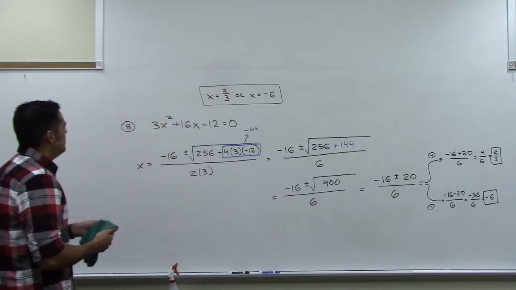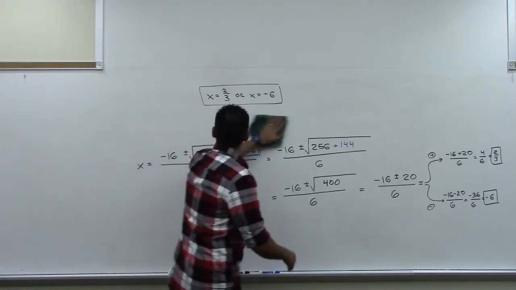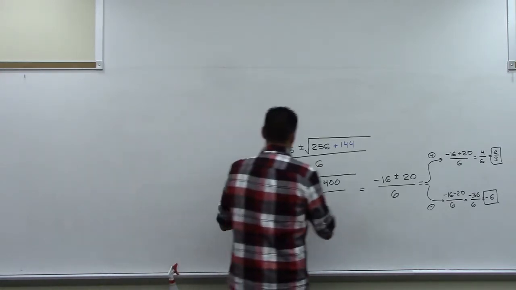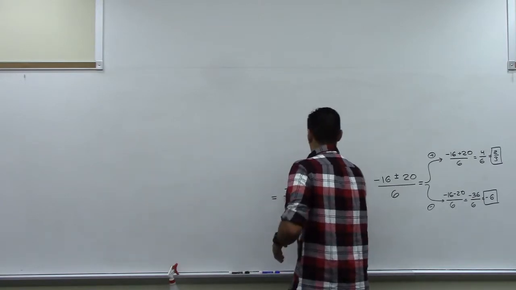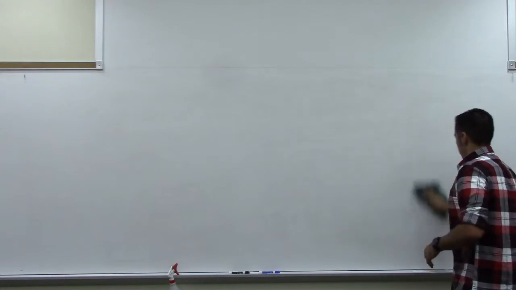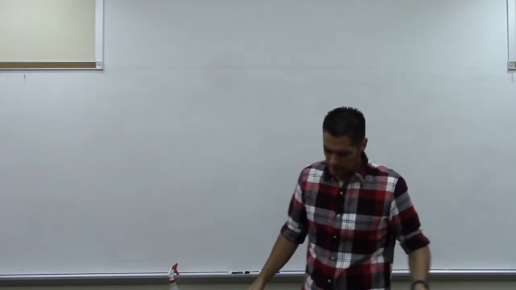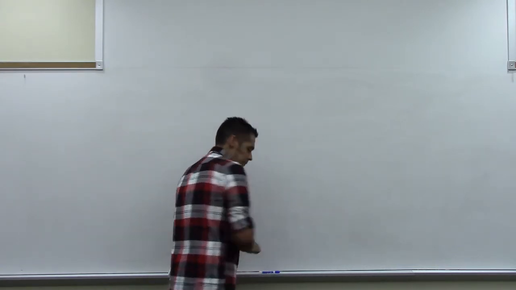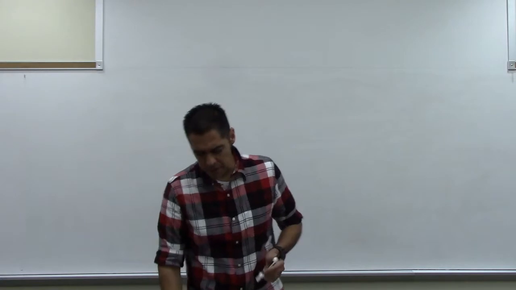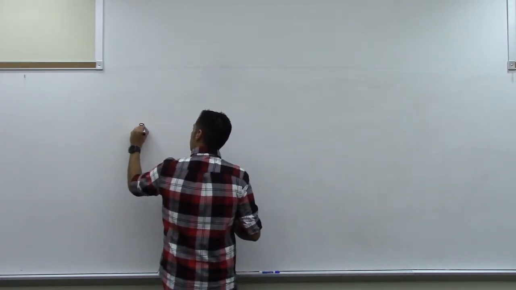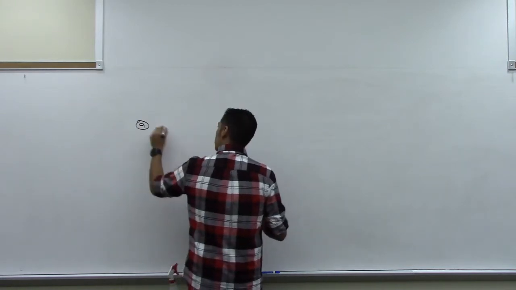Okay, we're moving on. Number 9. All right. Oh yes, the difference quotient. I know that in my 1324 class last semester, I promised them that the difference quotient would come into play.